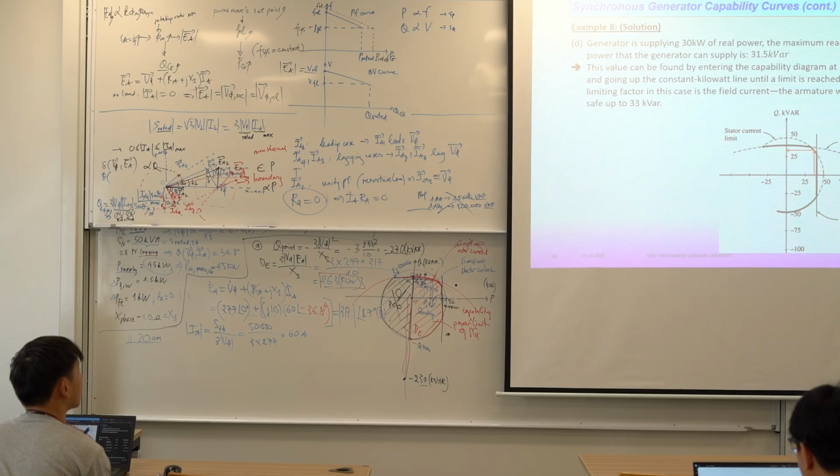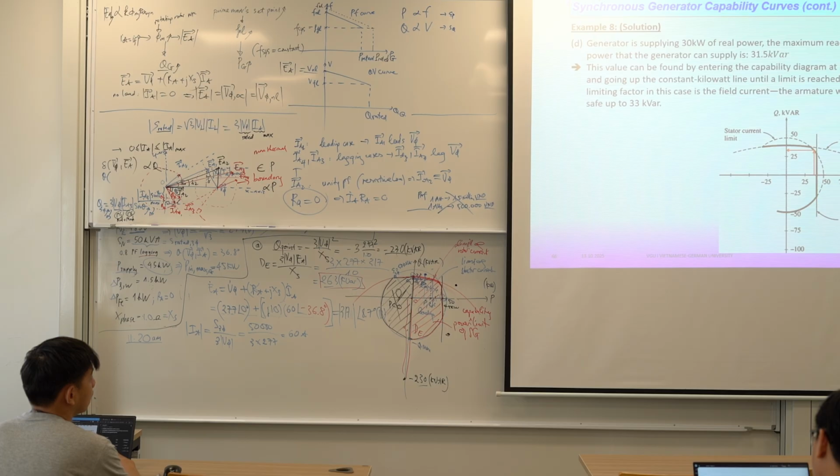The second way, how can we calculate it? We know IA how many? We don't know. And the phase angle theta how many? We don't know. So we have VG now equals 3 V phase IA cosine theta.